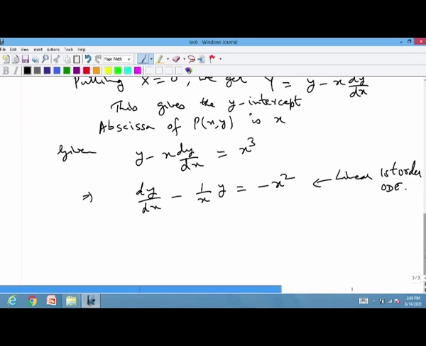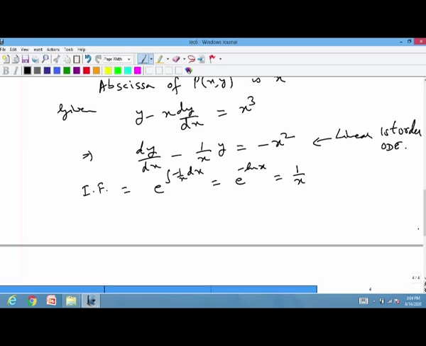To solve this, we need to find the integrating factor, equal to exponential of integral of p x dx, so minus 1 by x dx, which is e to the power minus log x, which is equal to 1 by x.